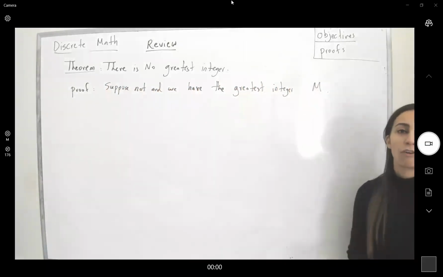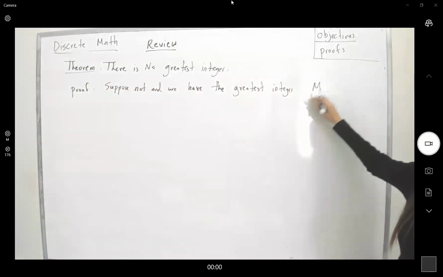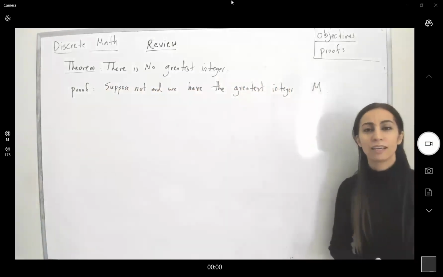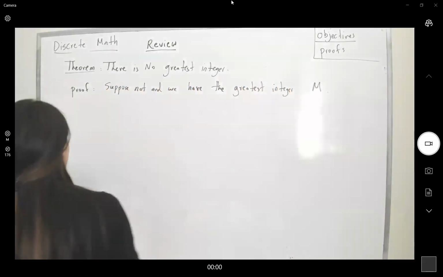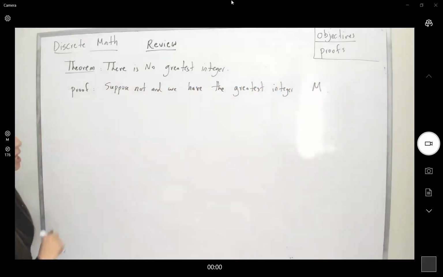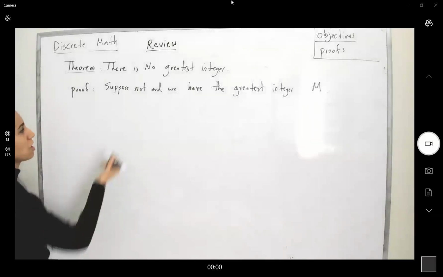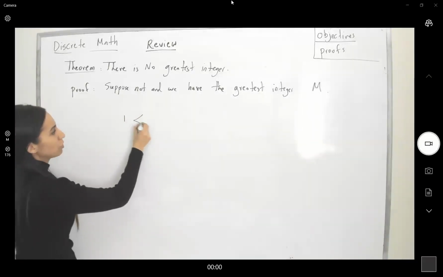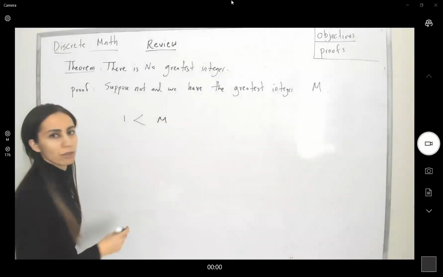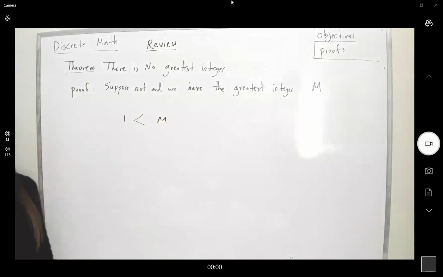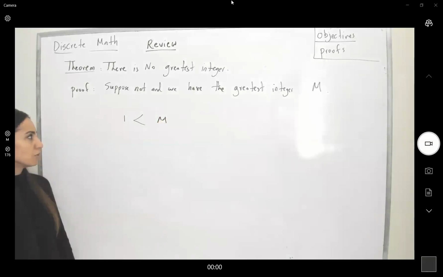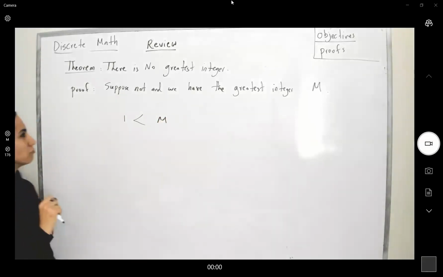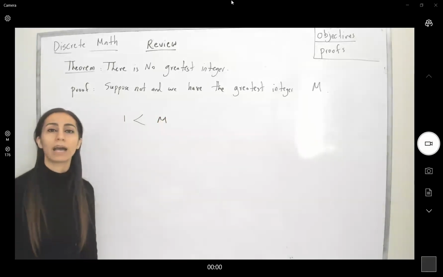In the search of greatest integers, I found m, and I say, hey, m is my greatest integer. So m is the greatest integer, and m is, for example, greater than 1. Of course, you know that. This is the greatest integer possible. So I'm going to do some algebra.